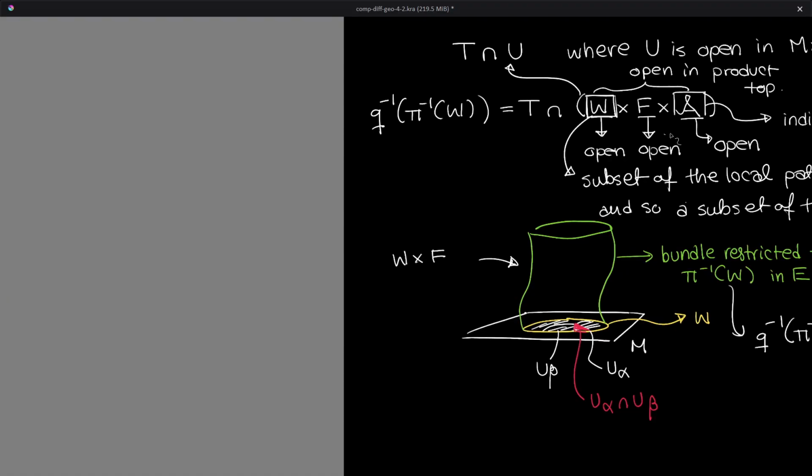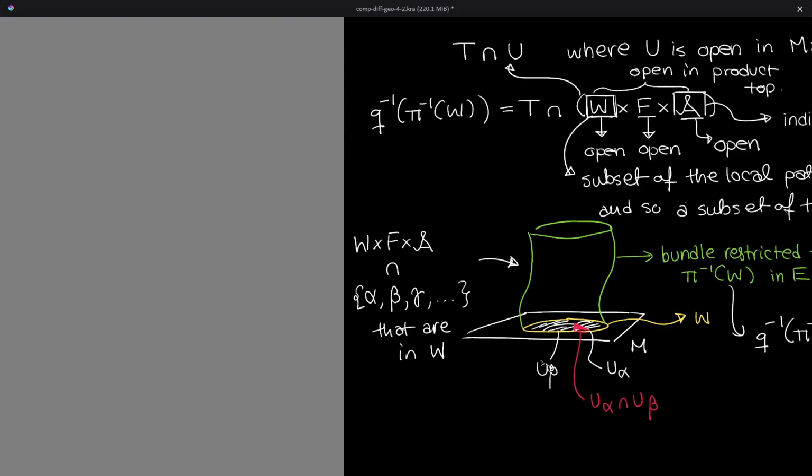And then when we reduplicate it, that becomes W cross F cross A, but intersected with only the indices. So let me write it like this. Intersected with only those indices alpha, beta, gamma, dot dot dot, that are in A, in W, right?